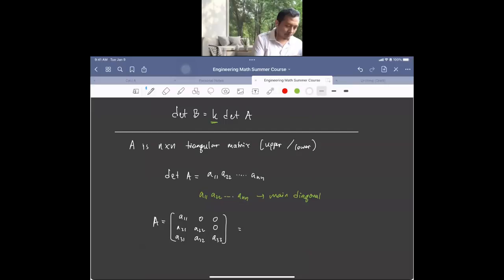So if we take the determinant of this 3 by 3 matrix, we have A11 multiplied by the determinant of A22, 0, A32, A33, and the rest will be all 0, right? So we will have A11, and then A22, A33, and the rest is 0. So it's true that this determinant is the product of the diagonal here.